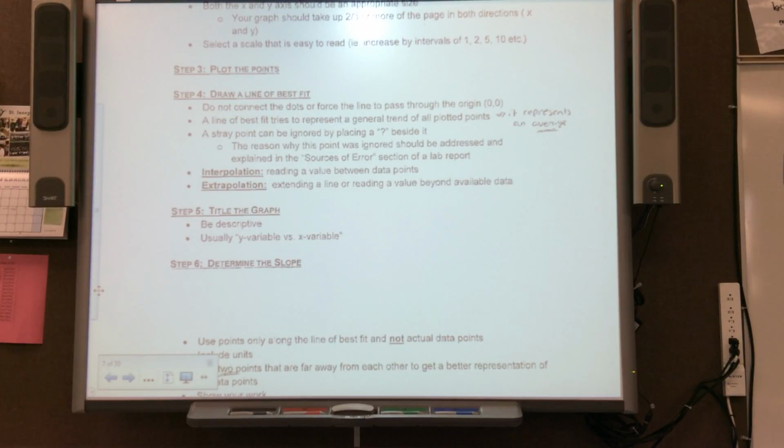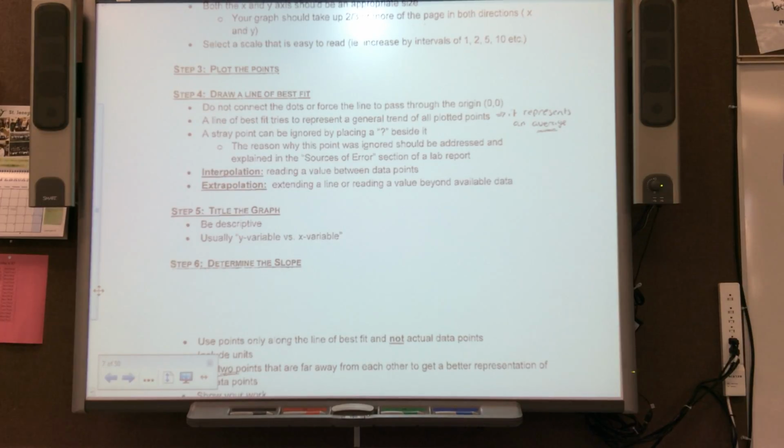You can have one that's just out there and you don't really have to explain why it's out there, but the other 19 points you do. This is a statistical thing that you'll learn later on in your post-secondary education. And we call those sources of error. So can we explain why that point was out?